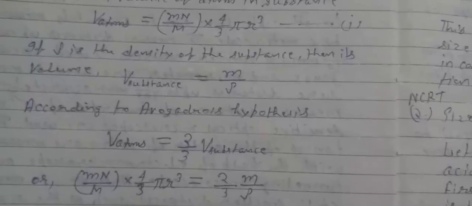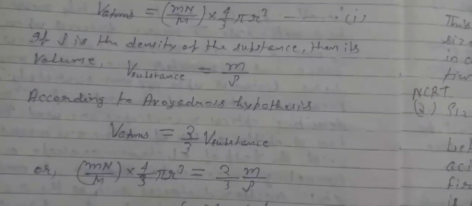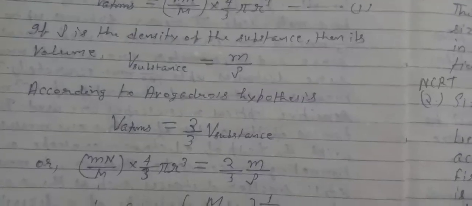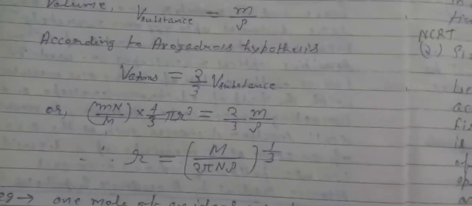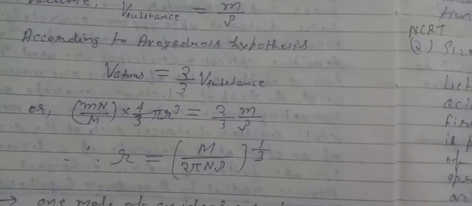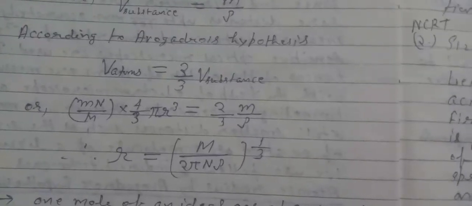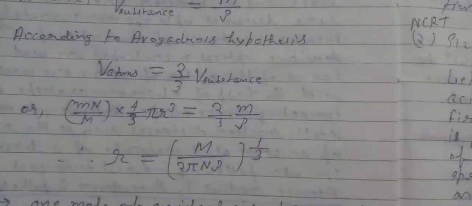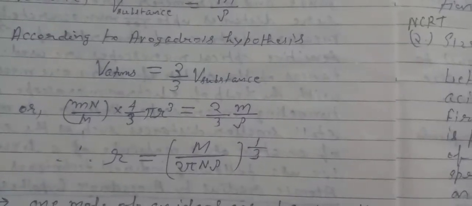According to Avogadro's hypothesis, V_atoms = 2/3 V_substance. So, (m/M) × N × 4/3 π r^3 = 2/3 × m/ρ. From this we get the value of r = (M / 2π N ρ)^(1/3).